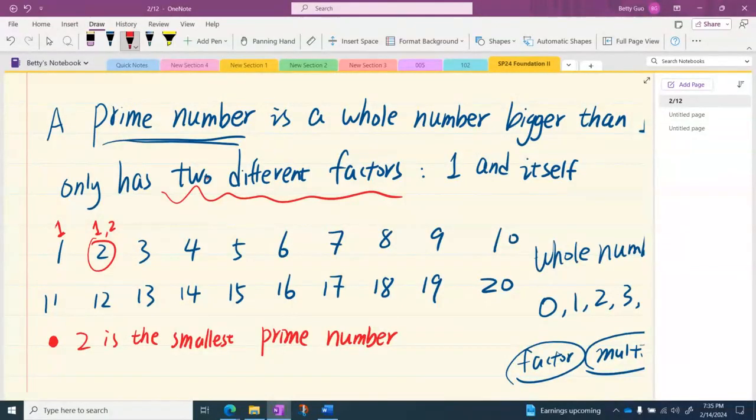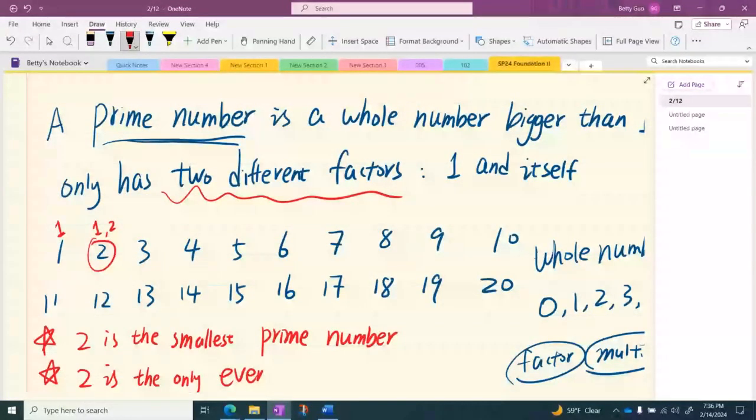It's not 1, it's not 0, it is 2. And also, 2 is the only even prime number.